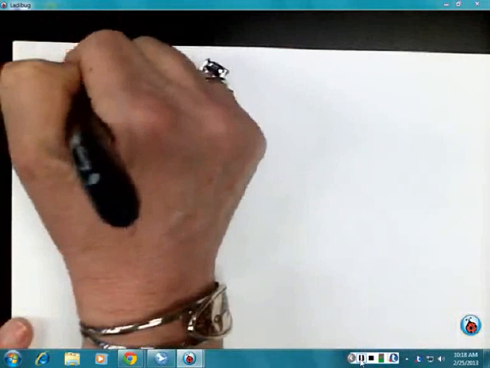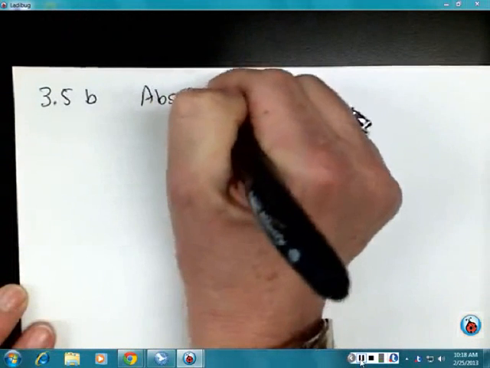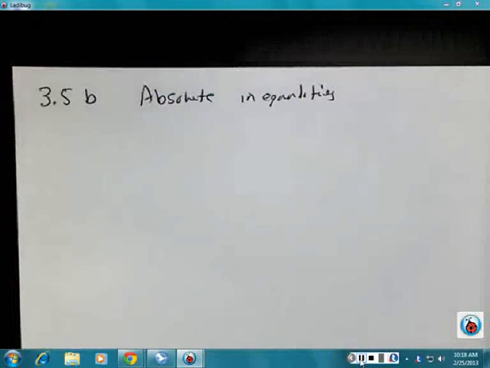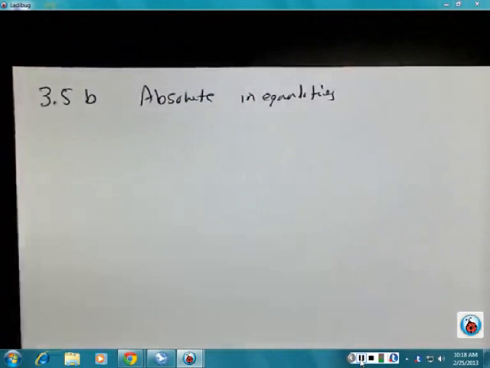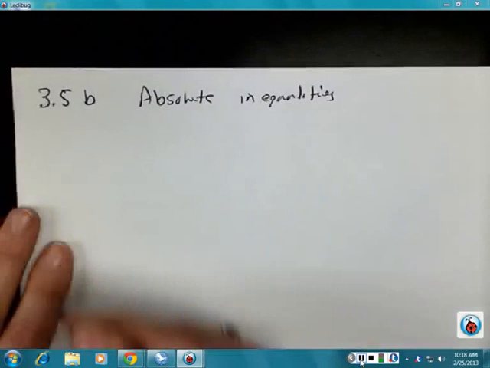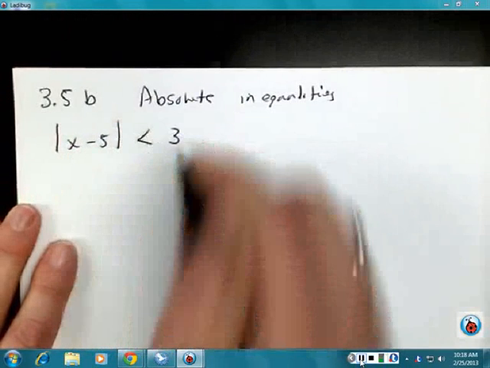With your review things, the last piece we need to do is 3.5b, and this is dealing with absolute inequalities. In this section, instead of just having things that have an equals in them, we're now going to look at inequalities with absolutes, like absolute value of x minus 5 with an inequality involved.